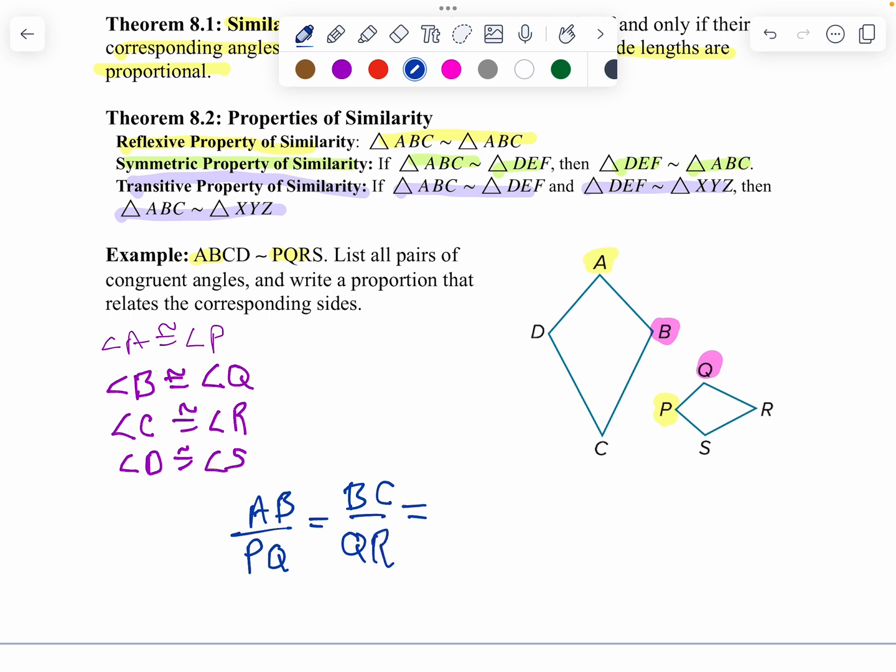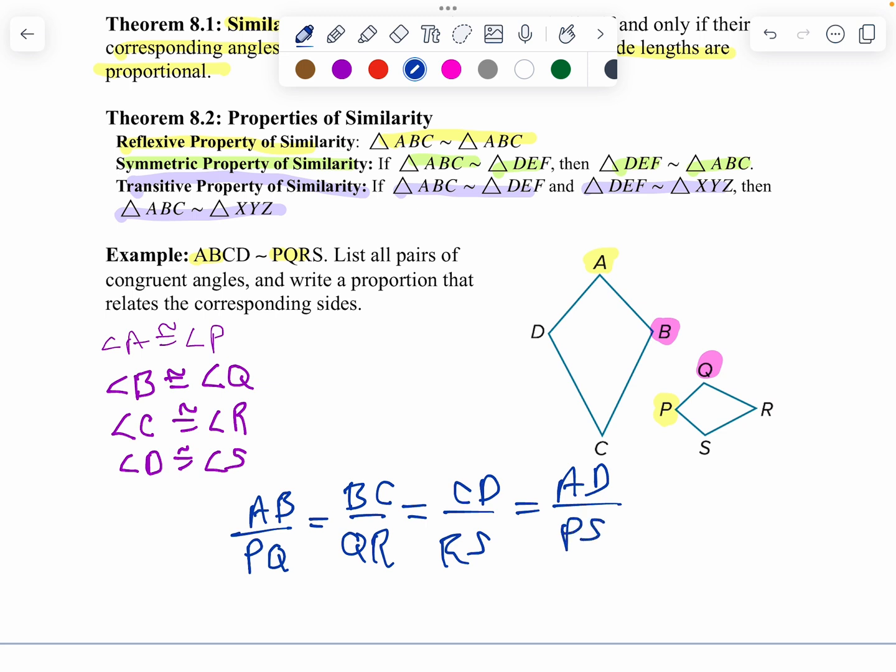And then, keep on going after BC, I see CD is in the same relation as RS. And that's the same ratio as AD is to PS.